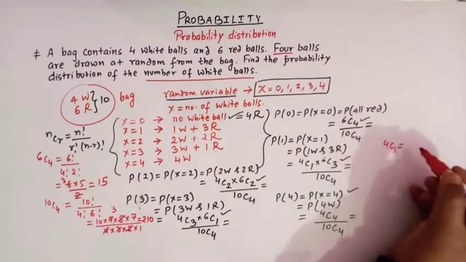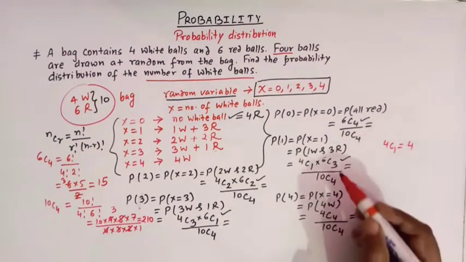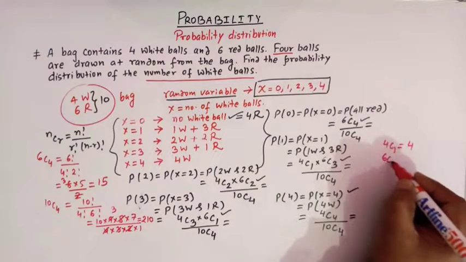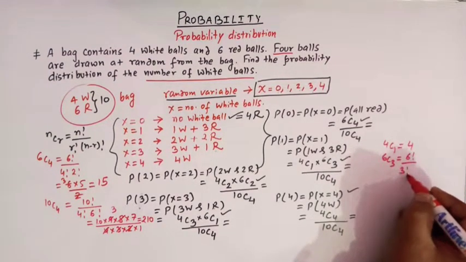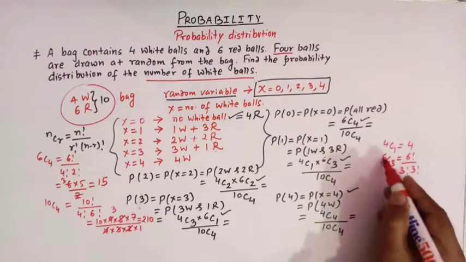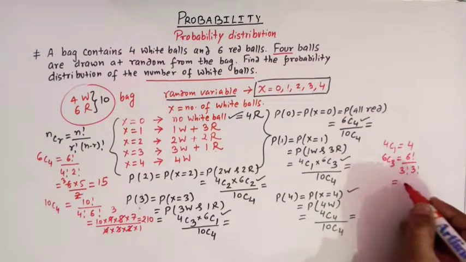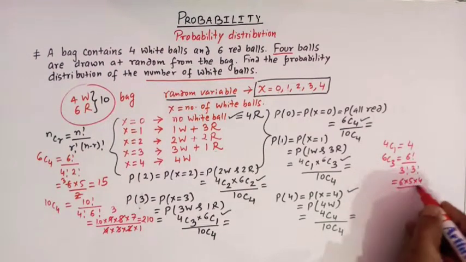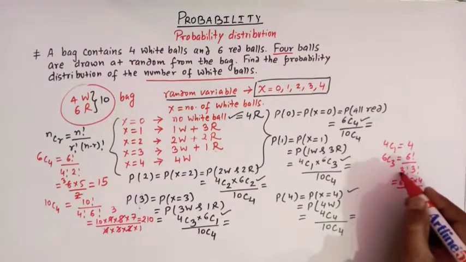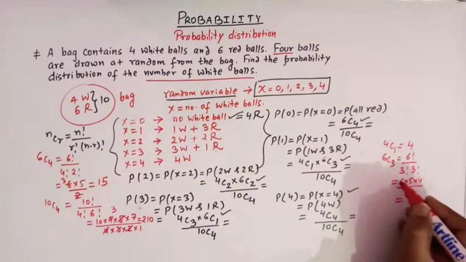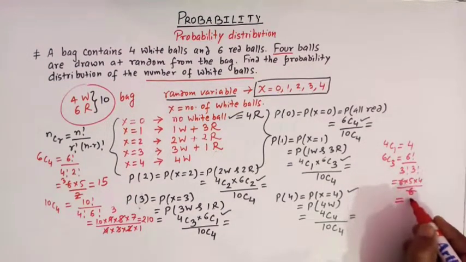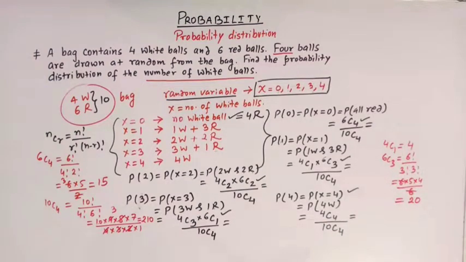Okay, and now 4C1 is simply 4, and 6C3 is 6 factorial over 3 factorial times 6 minus 3, which is 3 factorial. So we have 6 times 5 times 4, and 3 factorial gets cancelled, and this 3 factorial is 6, and 6 and 6 get cancelled, so we have 20, right?